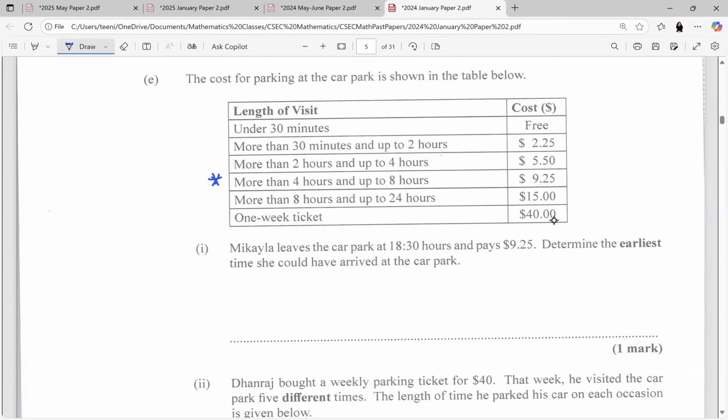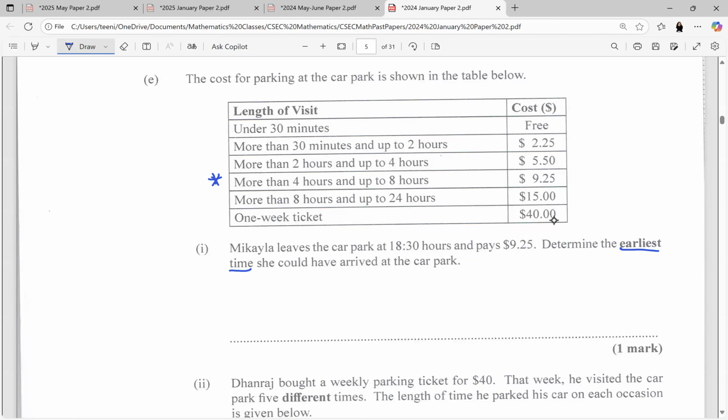So it says what's the earliest time she could have arrived? Would we be looking at 4 hours before or 8 hours before? 8, right? Because the longer time would be pushing it back even earlier.